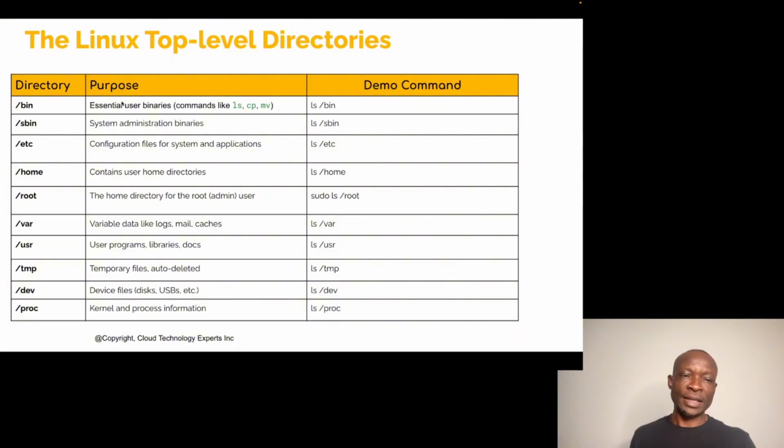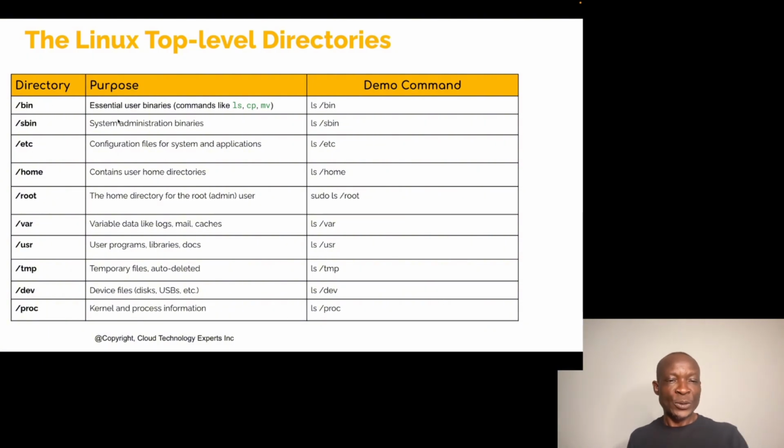Each one of them has a purpose why they exist, and that is all here. And then there are some examples here on this column. So bin, this is where you're going to find some user binaries. Anytime you run a command like ls, cp, mv, which we're going to talk about down the line, all those commands will typically reside under /bin.